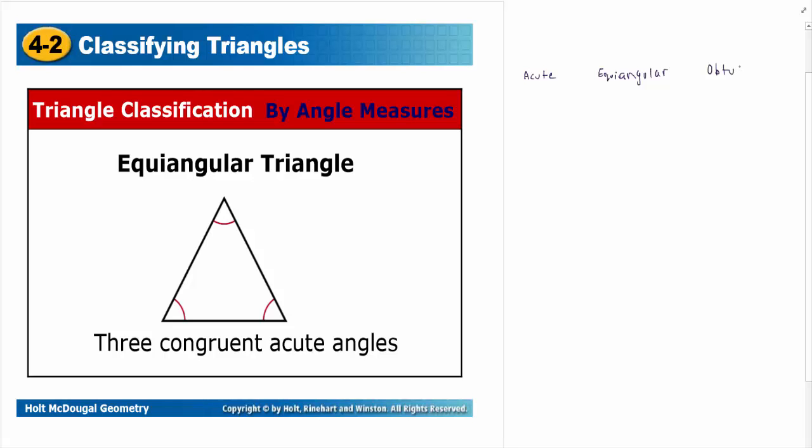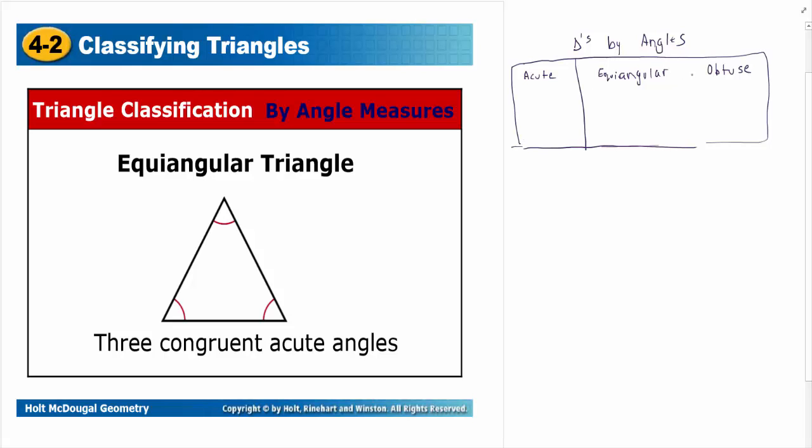You're going to make a little chart here, and these are triangles by angles. So when you're putting them all together, you can make a little chart and write the information in that chart. I'm not going to write it down because I already have it here, but again, you can make a little chart in your notes.